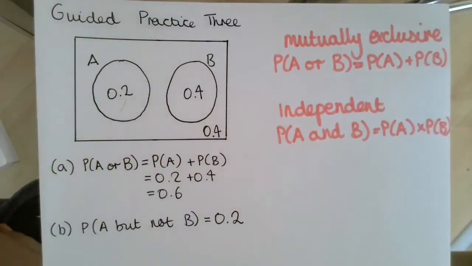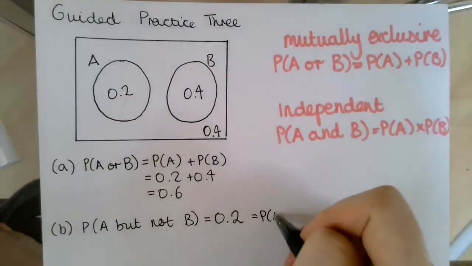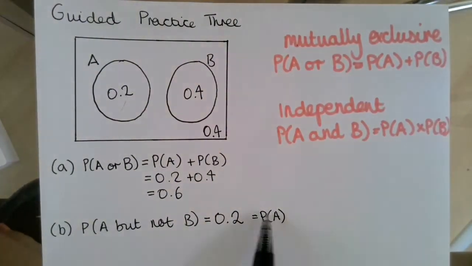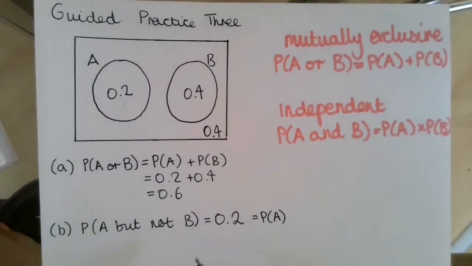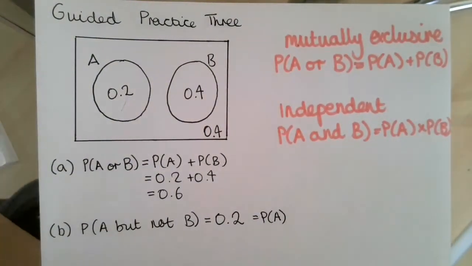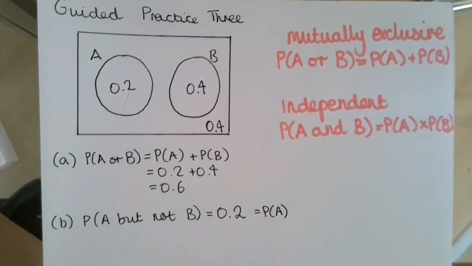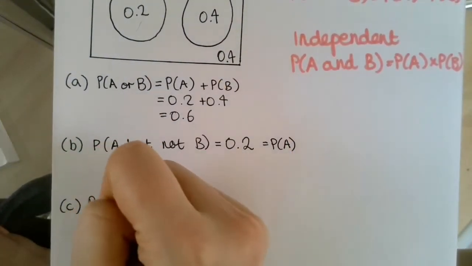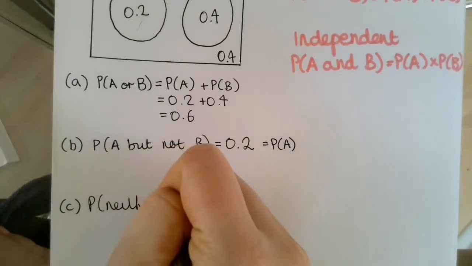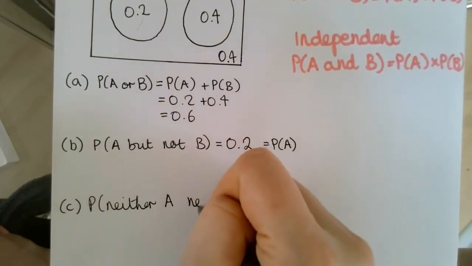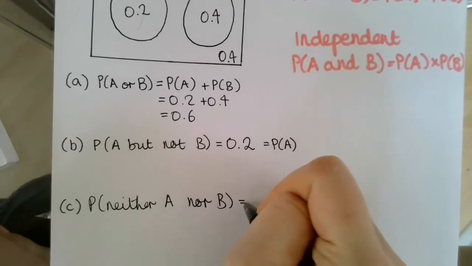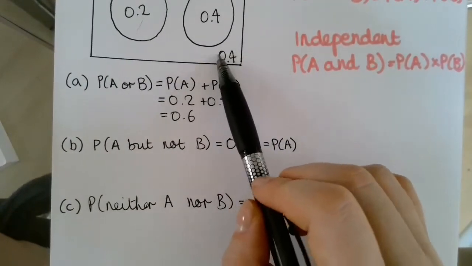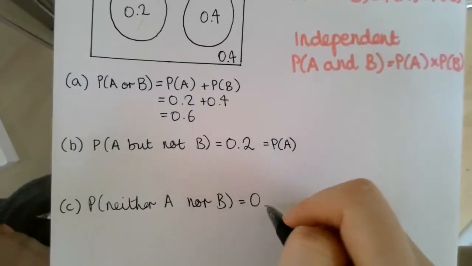So that is exactly equal to the probability of A. The reason why that is equal to the probability of A is because A and B can never happen at the same time, so that's just going to be the probability of A. For part C, the probability of neither A nor B, that's going to be when A or B, sorry, do not happen. So we've got 0.4 there.